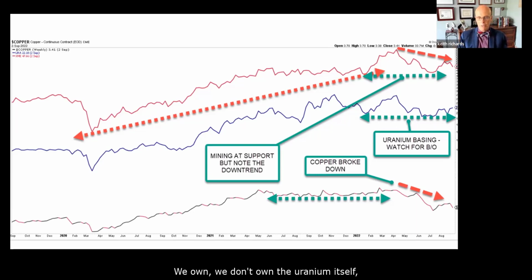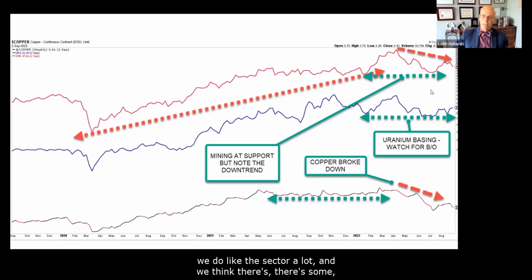We don't own the uranium itself, but we like the look of the equities, and the commodity itself is trading sideways, which is right now outperforming the S&P 500. So we do like the sector a lot, and we think there's some both fundamental and technical reasons that if this little thing breaks, then the producers will follow, and they've actually already been moving ahead of this.